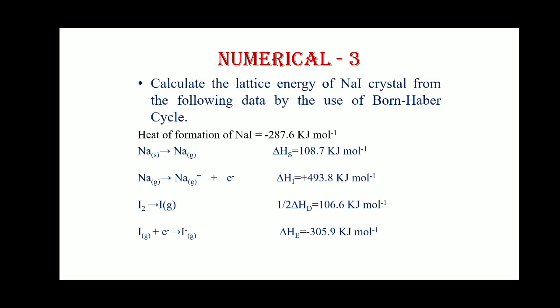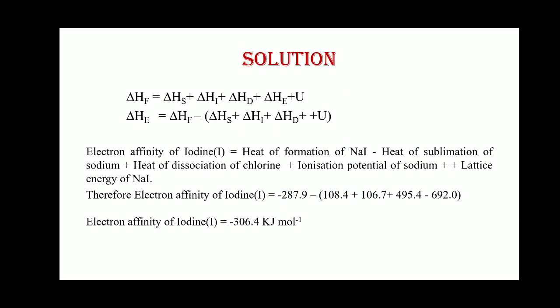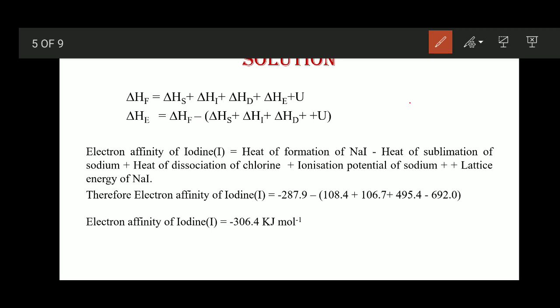All other terms will go to the left side. When delta HS goes to that side, it will change to a minus sign. So we will write delta HF minus, then all other factors will go there and change their signs in this way.